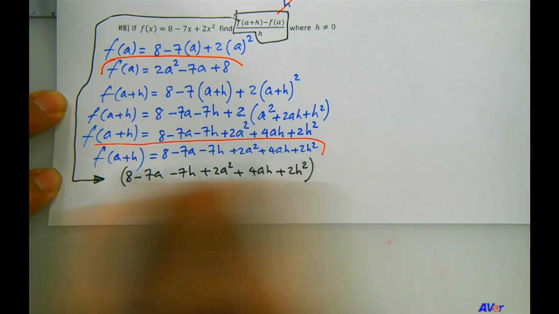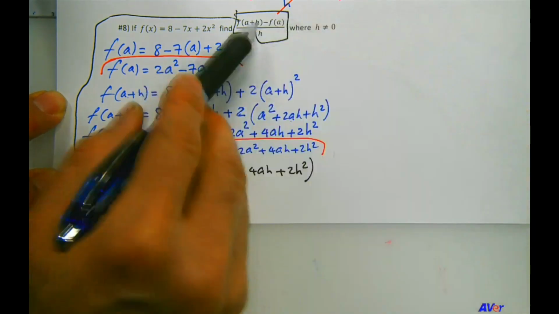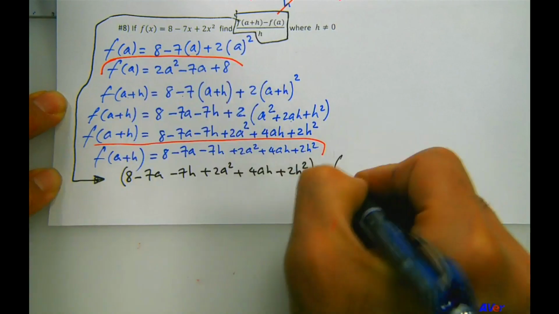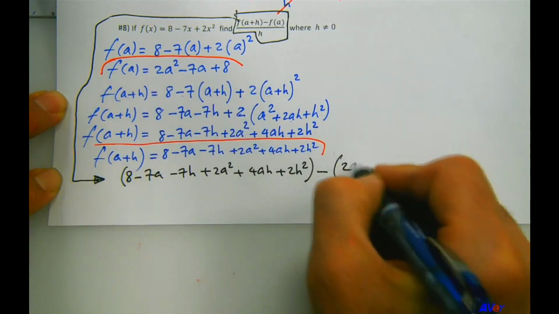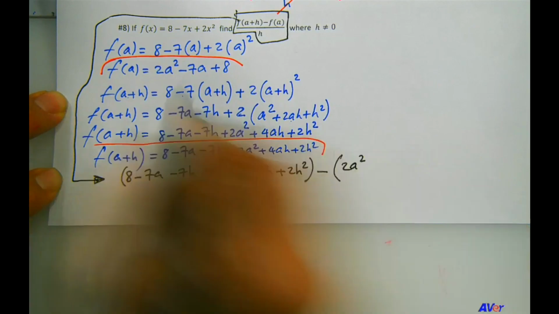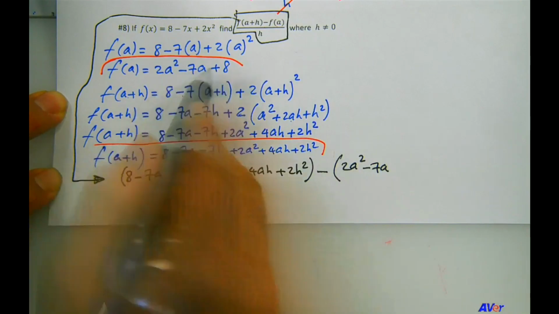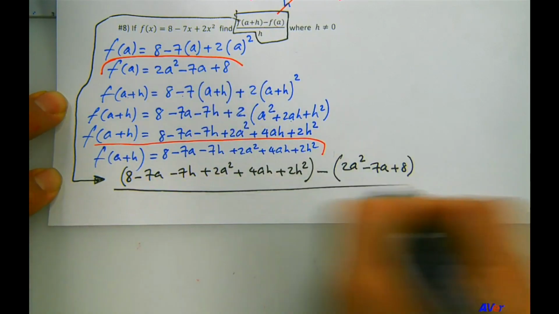All of that, that's f of a plus h. Minus, right? Minus f of a, parenthesis, f of a is right here: 2a squared minus 7a plus 8. Close parentheses, divide by h.